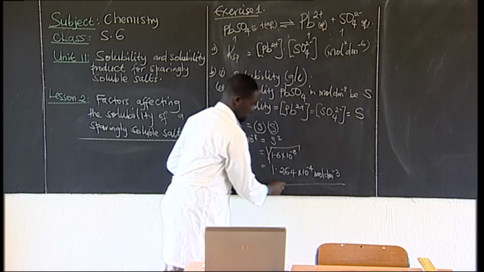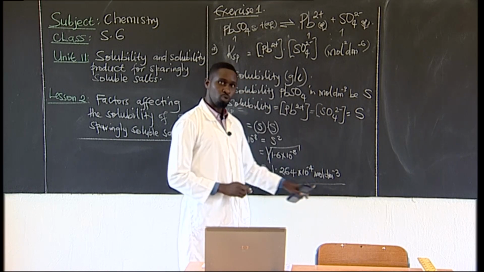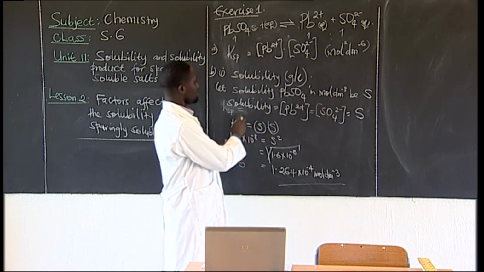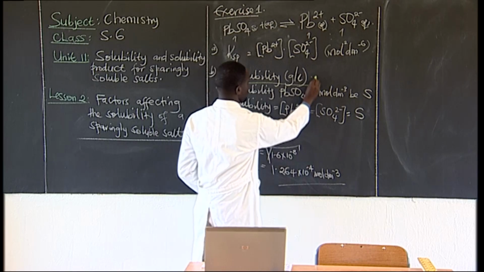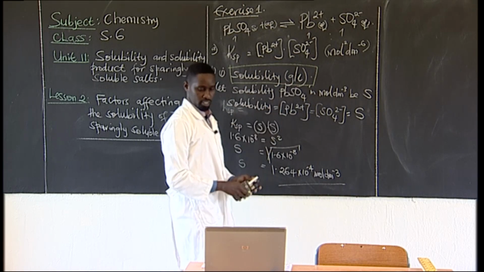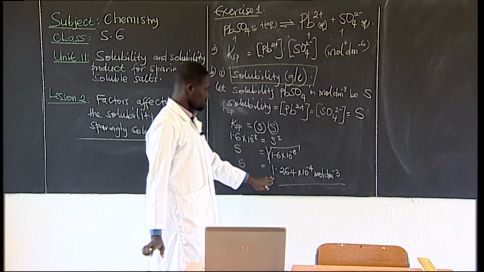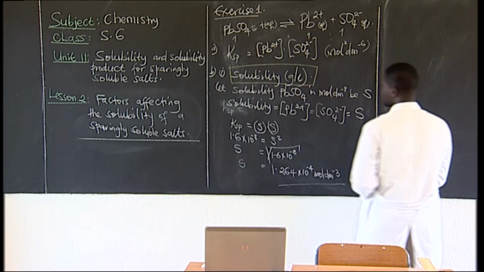Now, this is in moles per decimeter cubed, but the question wants us to determine solubility in grams per liter, the mass that dissolved. So we must convert this from moles per liter to grams per liter.